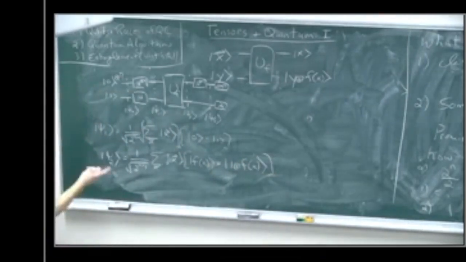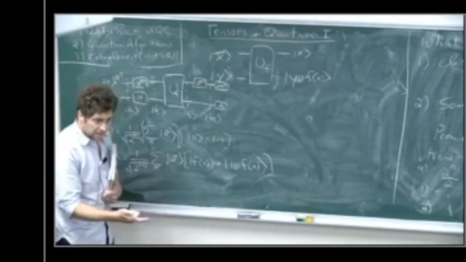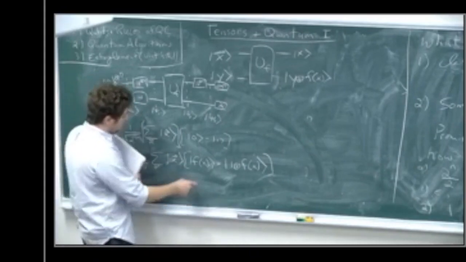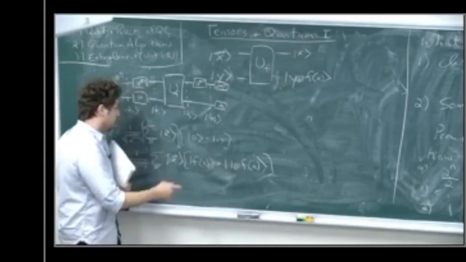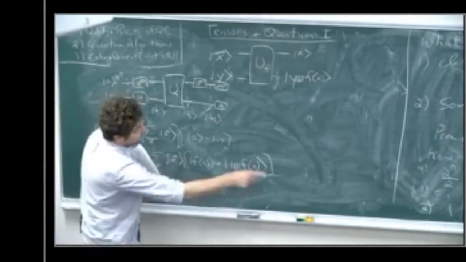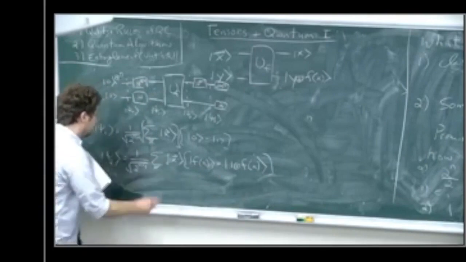The value of the function is either 0 or 1. So if the function is 0, it'll be 0 minus 1, and if the function is 1, it'll be 1 minus 0. So it's actually going to be proportional to the minus state, with just an extra phase in there.